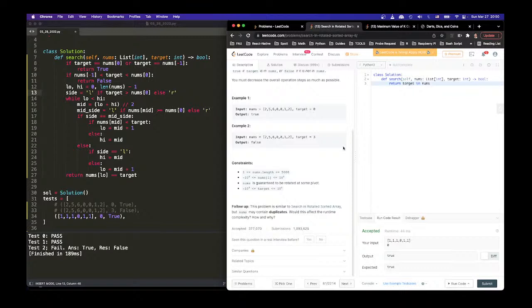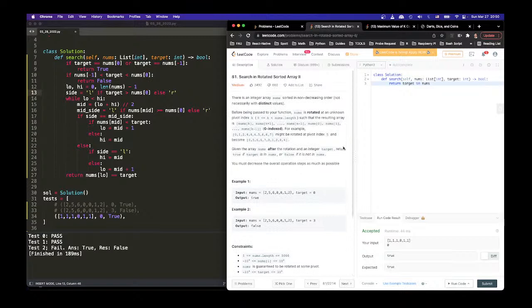But currently, what I find out is I can't, because the duplicates really complicate things. I don't know if it's on the left or on the right side. I mean, I can make it work, but what's the purpose? What's the point?